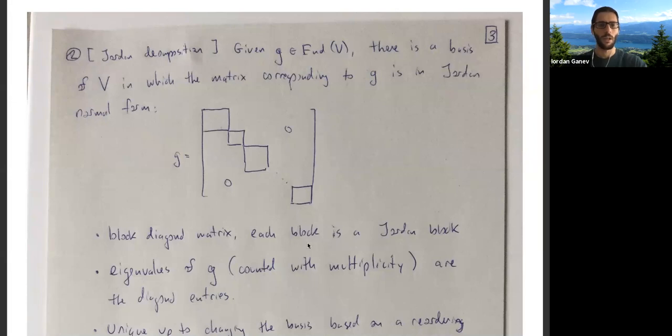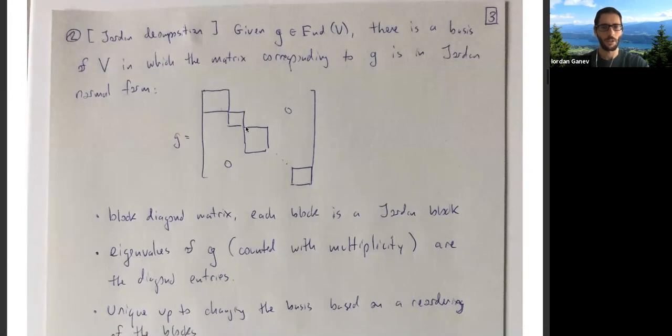So it's a block diagonal matrix. There's zeros over here, but on the diagonal we have these blocks. They're square blocks, and each block is a Jordan block. So each block is a matrix of the form that I showed above: some scalar along the diagonal, the same scalar all along the diagonal, and ones along the superdiagonal.